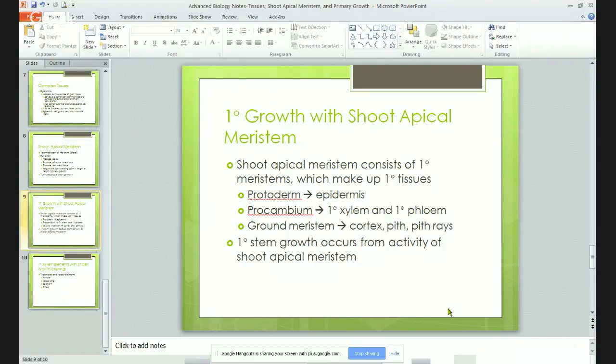Your pith and your pith rays, we'll talk more about the pith rays in just a moment, but your pith is basically this center part of your stem that's in between the xylem on the left and the xylem on the right.